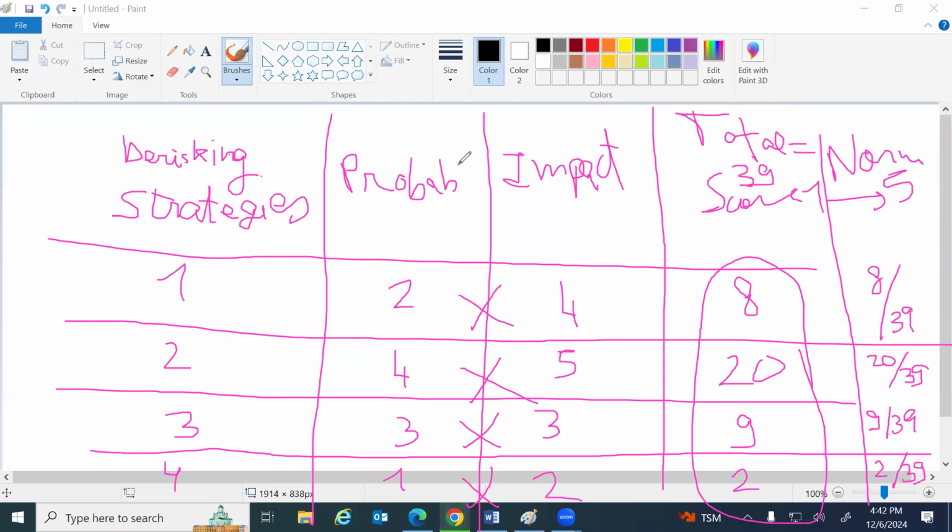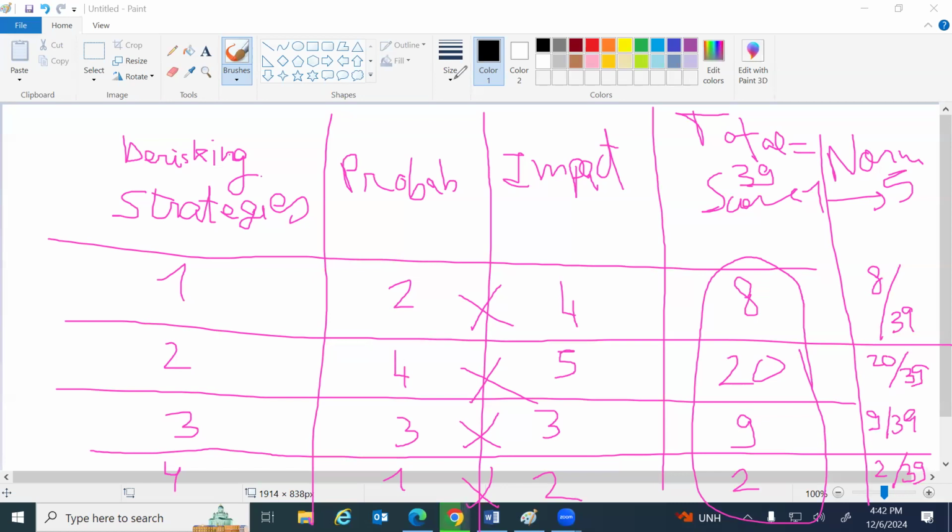Okay, so we need to see the effect of de-risking strategies on the discount rate. So in case you have a very risky project, the investor will put a very high standard to go through it. While if your project is more attractive, they can accept smaller values of discount rates.